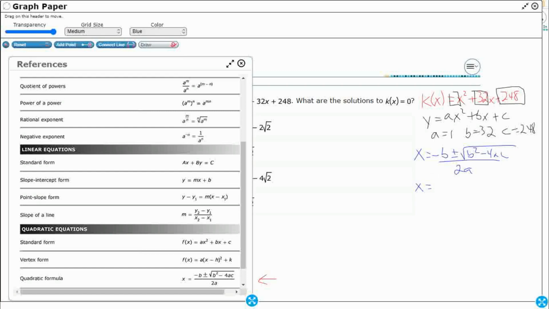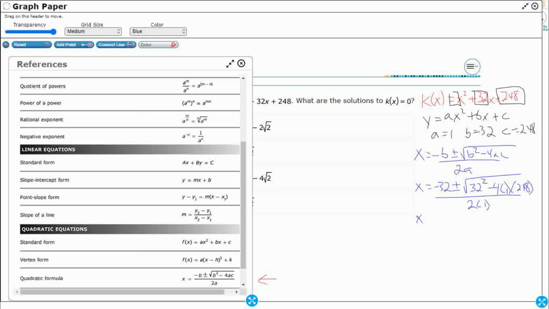So negative b, so that's going to be negative 32 plus or minus the square root of 32 squared minus 4, my a is 1, so that's good, and then 248, all of that, and then over 2a, so that's just 2 times 1. And then we simplify.